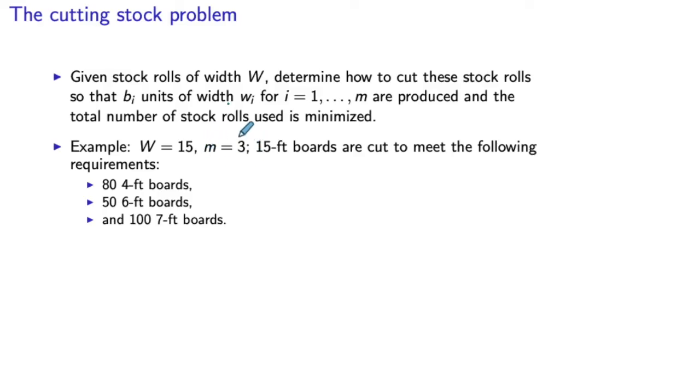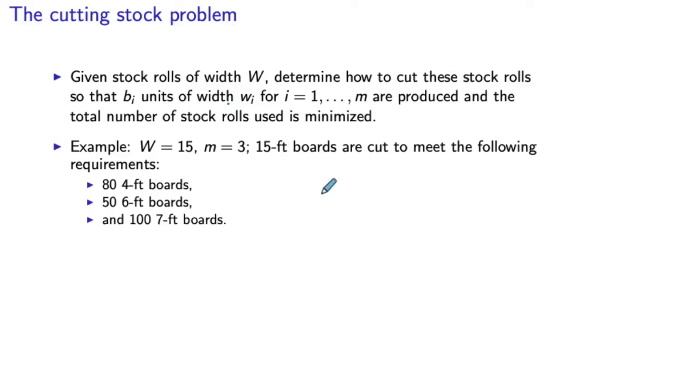So m is equal to 3, and the w_i are given by 4, 6, and 7. So w1 is 4, w2 is 6, w3 is 7, and the b_i are given by 80, 50, and 100 respectively.